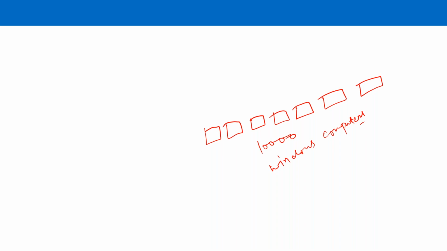Up to date means whatever the latest update is. Microsoft releases updates on the second Tuesday of every month.